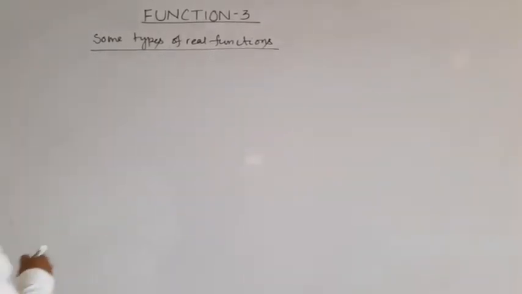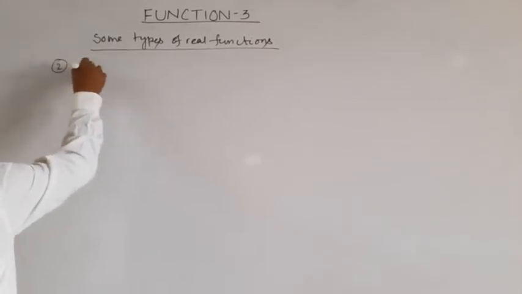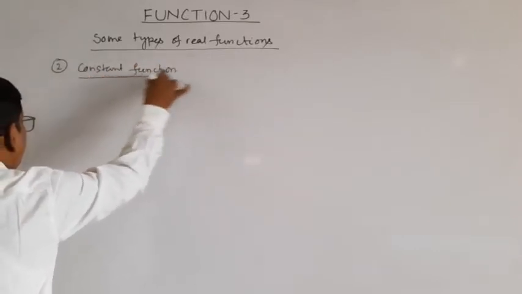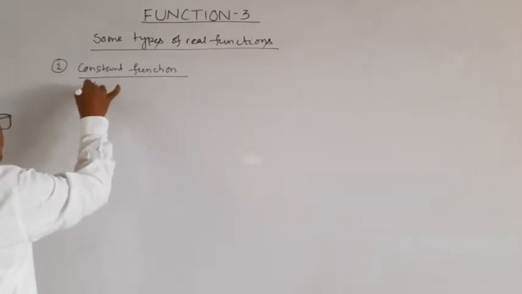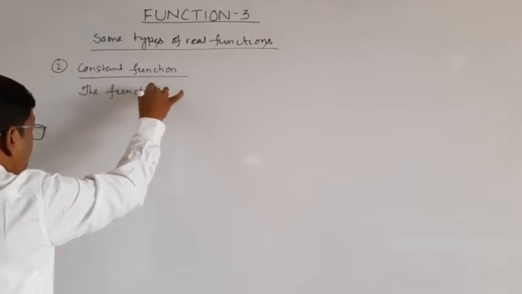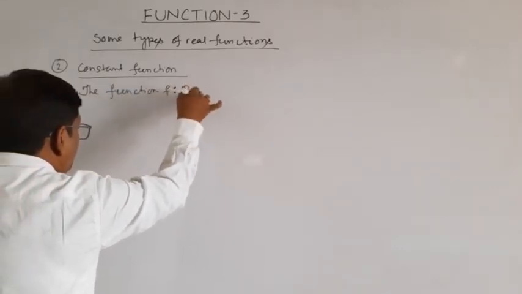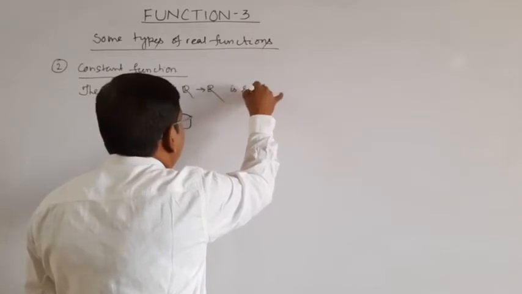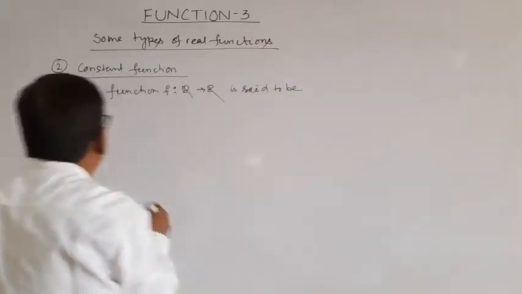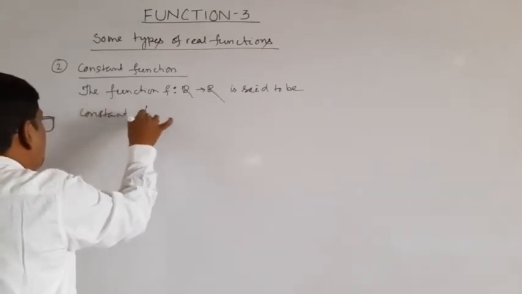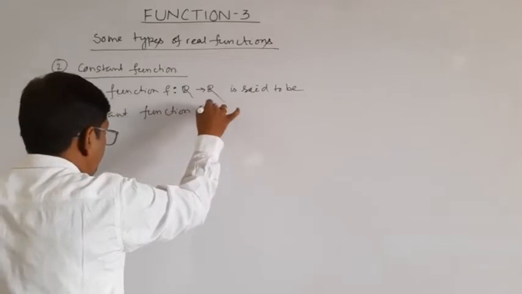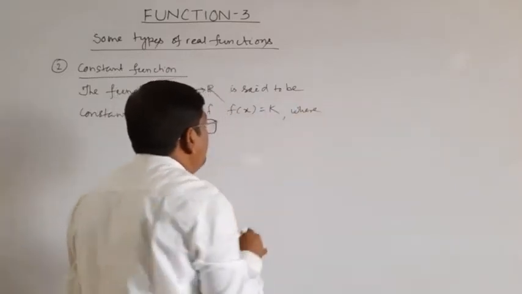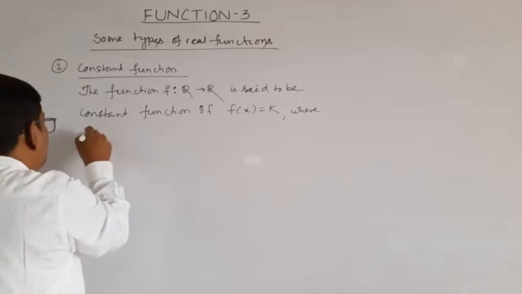Number 2 is constant function. The function f from R to R is said to be a constant function if f of x is equal to k, where k is any real number, any real constant.